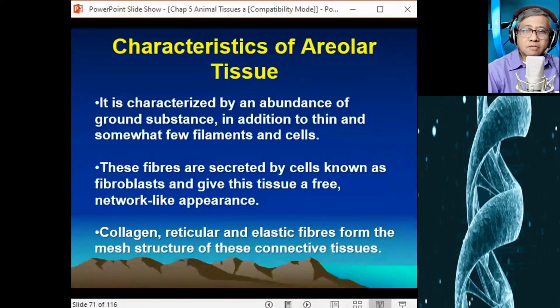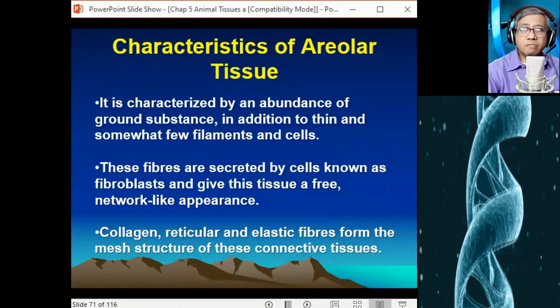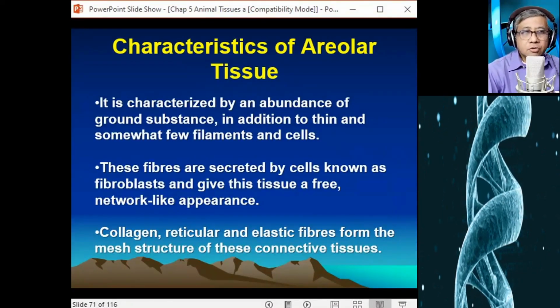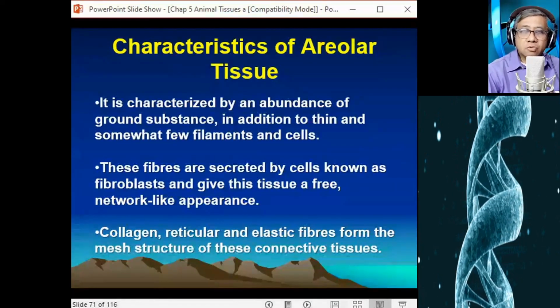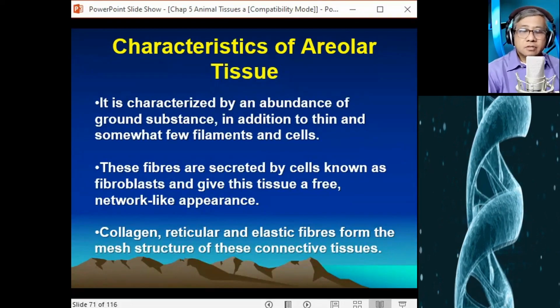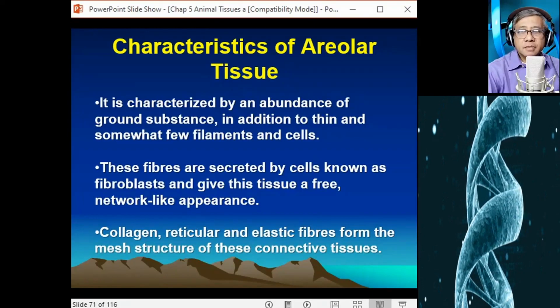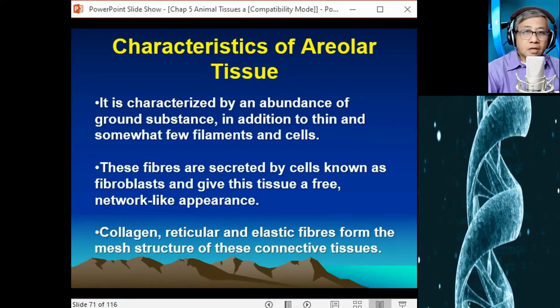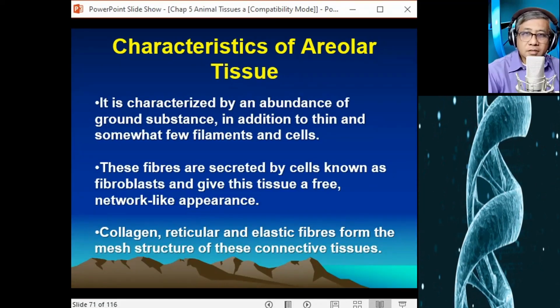Number two, these fibers are secreted by cells known as fibroblasts. So the fibers that make up the areolar connective tissue are produced by these fibroblasts and give this tissue a network-like or mesh-like appearance.